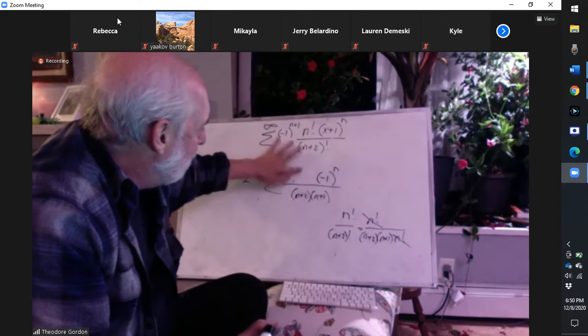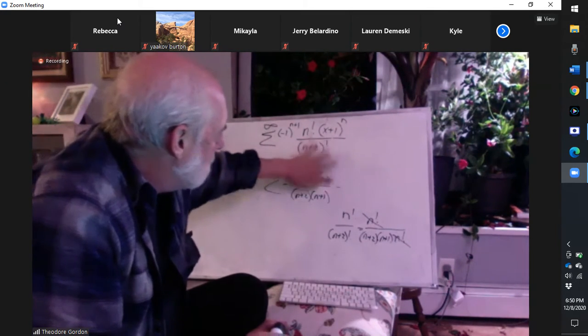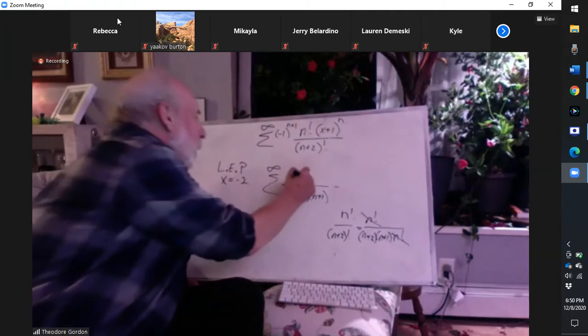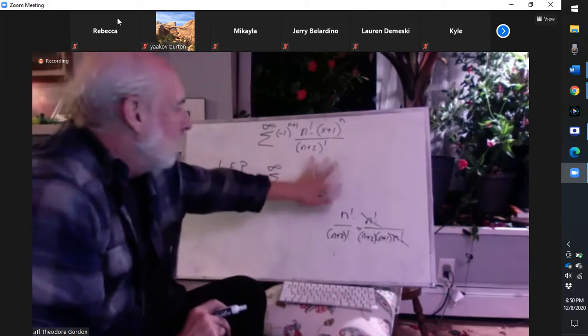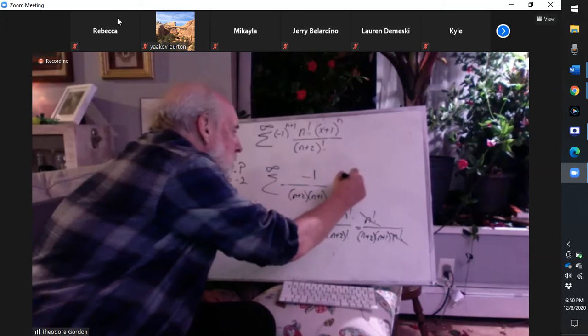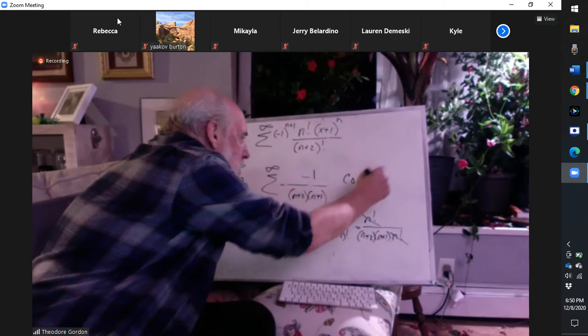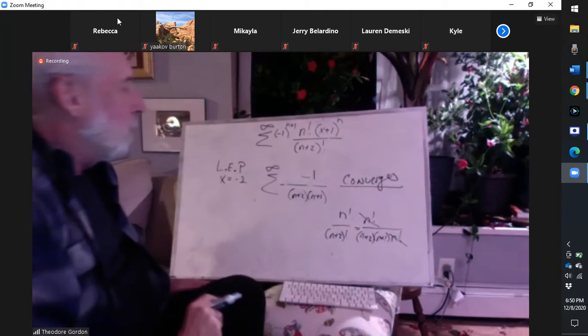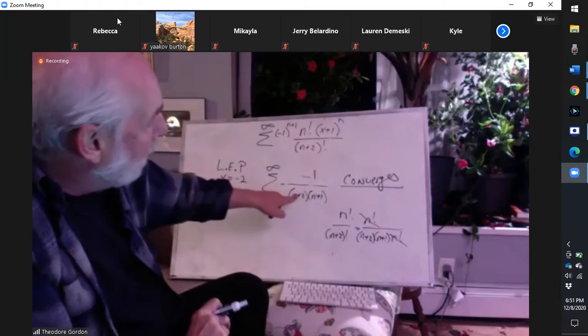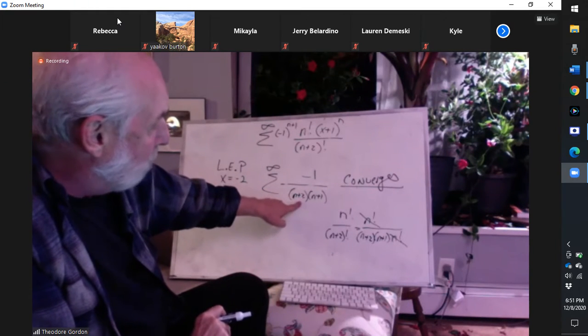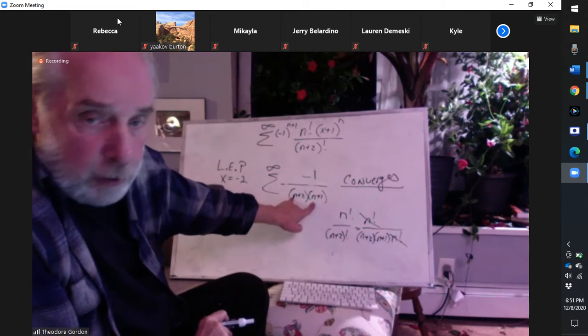So our top becomes just -1. And now we can see that converges, because on the bottom, if we multiply this out, we get an n squared.